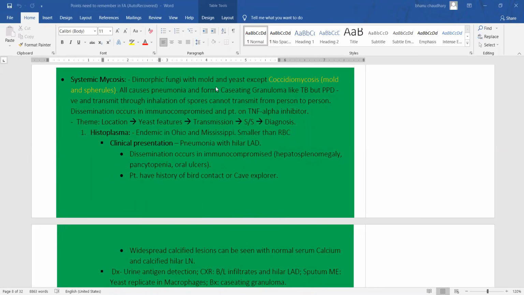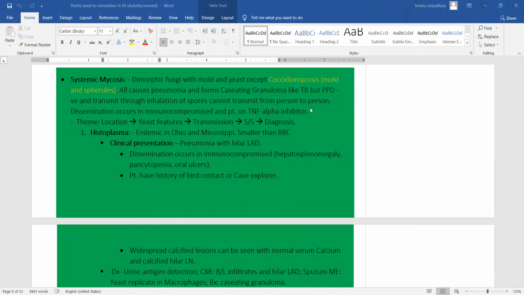Okay, and all of these systemic mycoses cause pneumonia. They also form caseating granuloma like tuberculosis. But unlike tuberculosis, they are PPD negative, because PPD is for tuberculosis only. So all of them can cause pneumonia, all of them can form caseating granuloma, but they are PPD negative, and they cannot transmit from person to person.